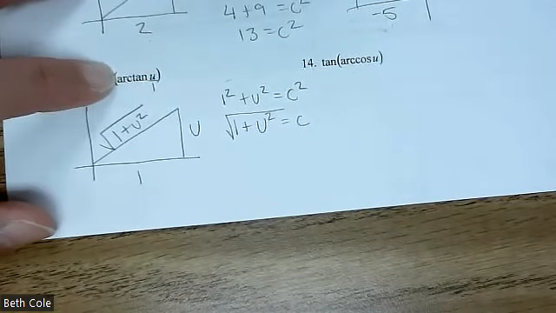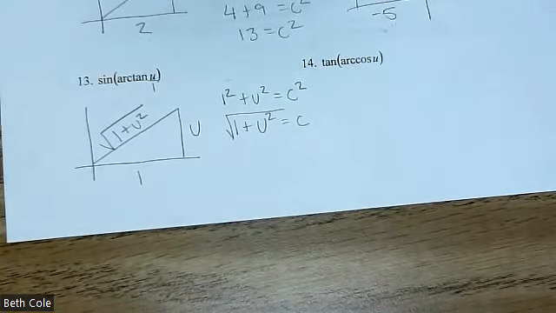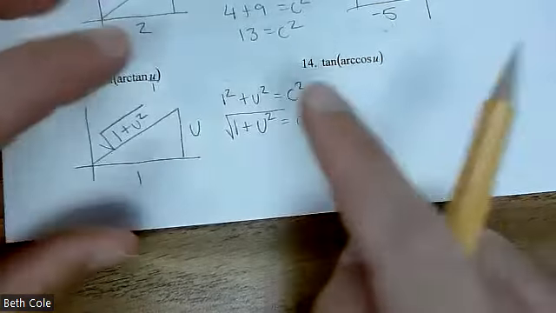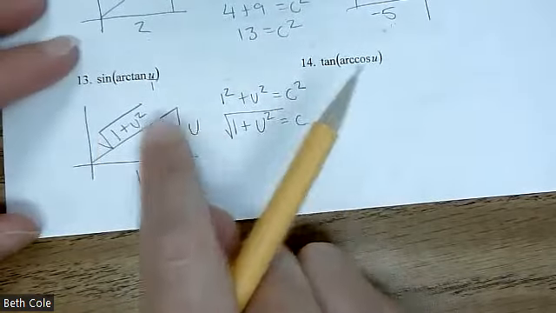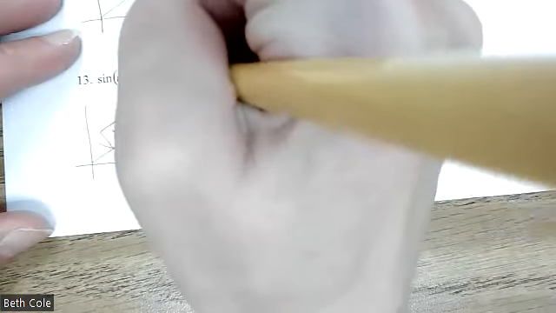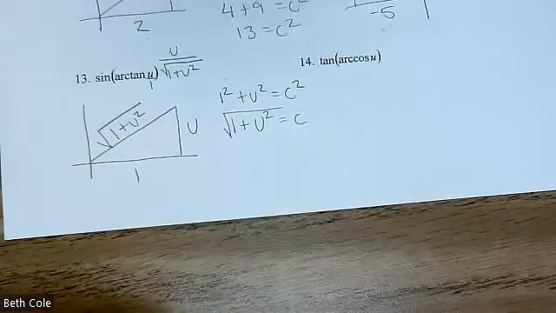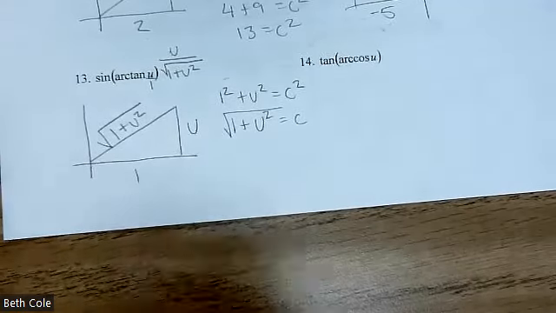Now I'm going to take my finger back off of the problem. We're doing sine of that. Sine is what over what? Good. It would be u over, this is going to be messy here, the big square root, opposite over hypotenuse. And unfortunately, you have to rationalize that.